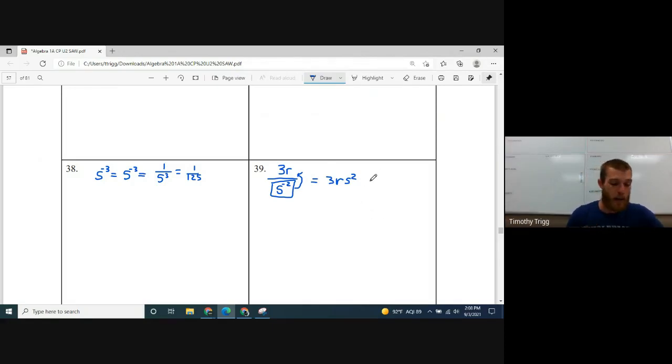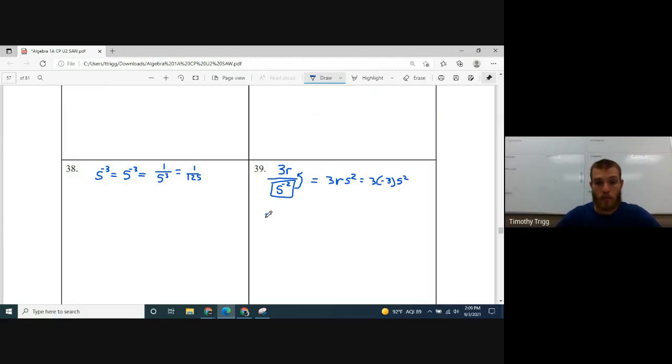R is negative 3 and s is 5. So this will become 3 times negative 3 times 5 squared. So 3 times negative 3. Well, actually, let's go ahead and do the exponent first. I don't know if you remember our order of operations, but we always do our exponents before multiplying.